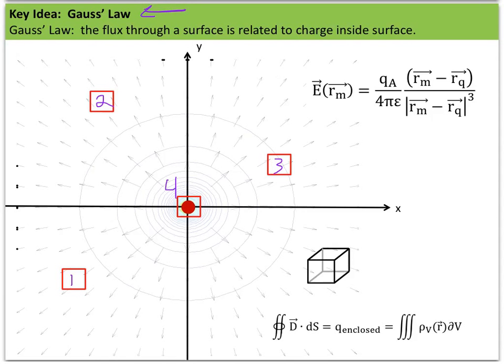And so a way we write this is we say the flux vector D dotted with the normal to the surface dS is equal to the charge enclosed, which is simply the volume integral of the charge density right there. And this, in effect, is the integral expression of Gauss's law. The total amount of flux going through any closed surface is the amount of charge enclosed within that surface.